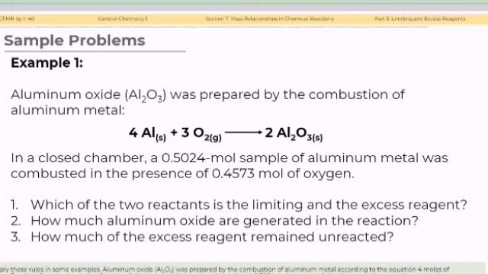In a closed chamber, a 0.5024 mole sample of aluminum metal was combusted in the presence of 0.4573 moles of oxygen. Which of the two reactants is the limiting and the excess reagent? Second, how much aluminum oxide is generated in the reaction? And lastly, how much of the excess reagent remained unreacted?